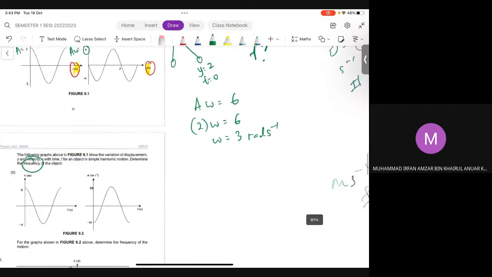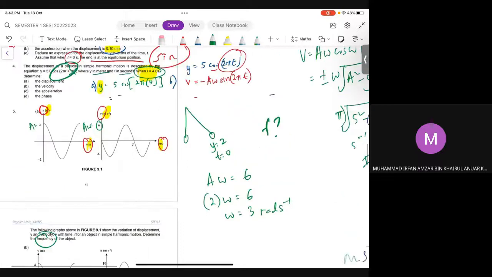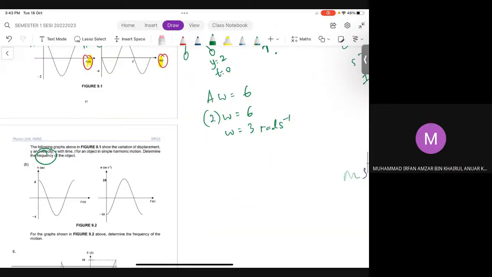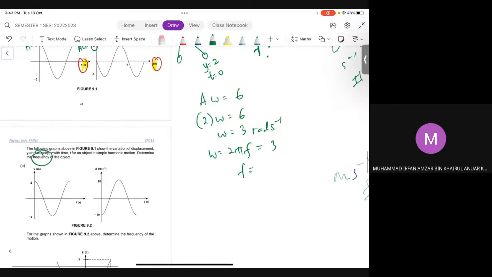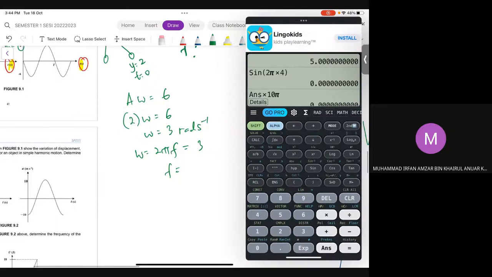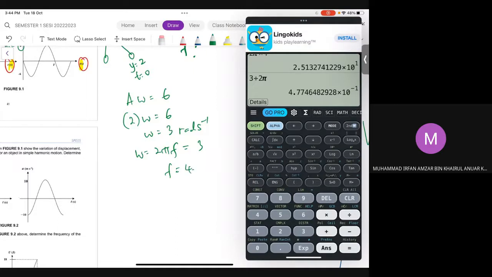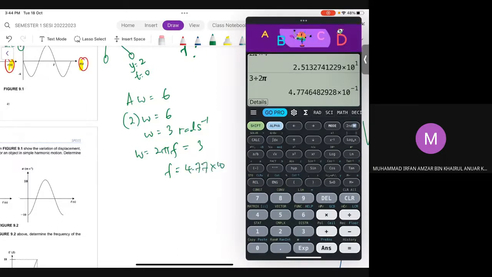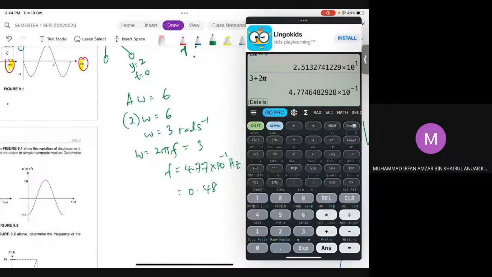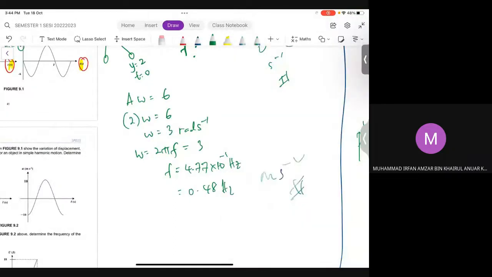But they don't ask you about omega. They ask you about frequency. So what is the formula frequency? 2 pi f equals to 3. So f equals to 3 divided by 2 pi. So the answer is 4.77 times 10 negative 1 Hertz. Ataupun 0.48 kot, sama je kot Hertz.